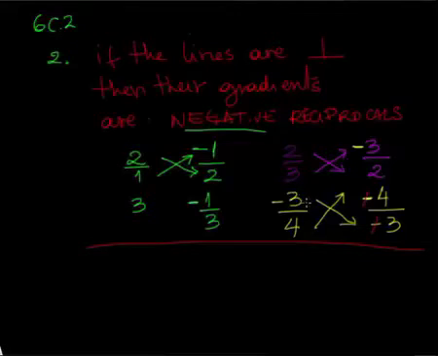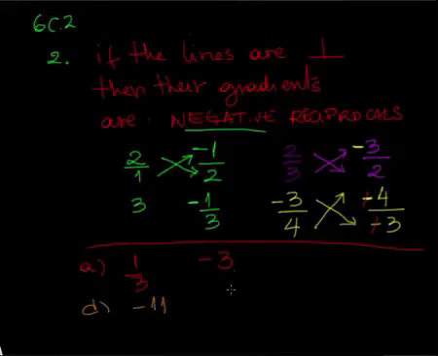Find the gradient of a line which is perpendicular to a line with gradient, let's do the first one, 1 over 3. So the perpendicular gradient should be negative 3. Now, let's choose D, negative 11.